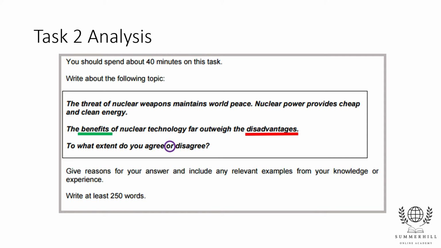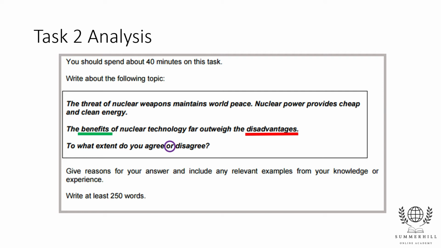But to hold the position that 100% family is more important for success or 100% friends are the most important, it would be very difficult and maybe even illogical. Likewise, it would be illogical to assume that there are no disadvantages of nuclear technology or that there are no benefits to nuclear technology in this particular question.